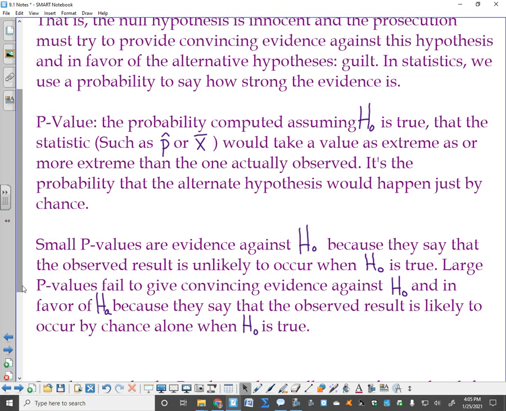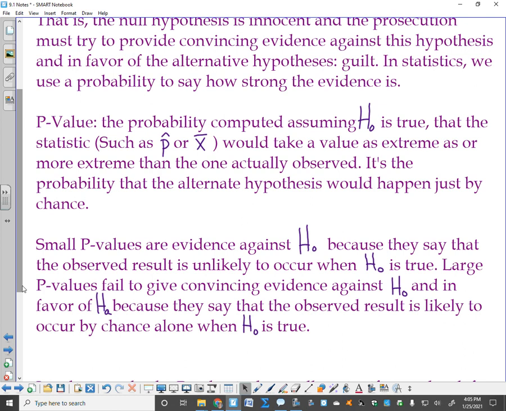It is the probability computed, assuming H sub 0 is true, that the statistic p hat or x bar would take on a value as extreme or more extreme than the one actually observed. AKA, it is the probability that the alternate hypothesis would happen just by chance.